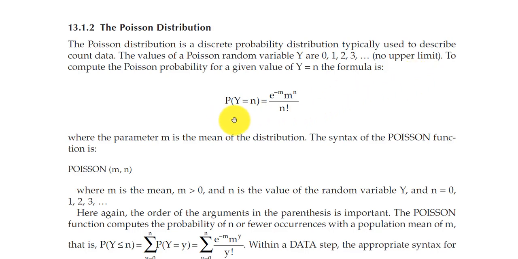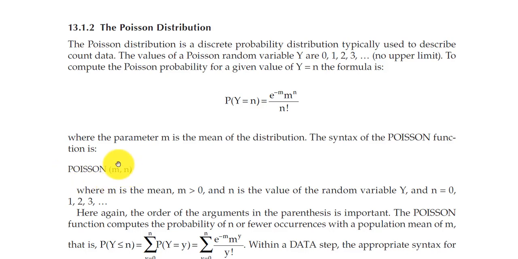These individual probabilities are defined in this way, where the parameter m given here is the mean of the distribution, and the syntax for the Poisson function in a SAS data step is Poisson, specify the mean, and then the value of the random variable. So notice we have the mean to the nth power divided by n factorial.